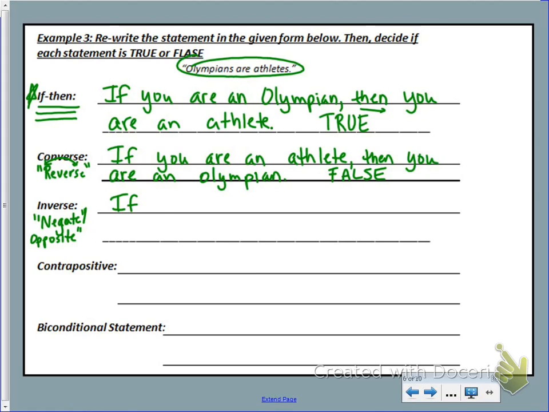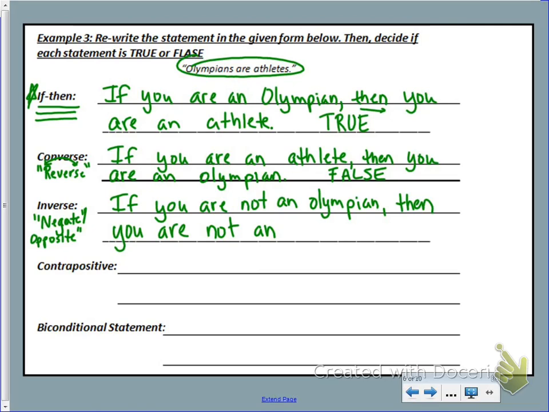So we're going to say, if you are not an Olympian, then you are not, keep in mind the not goes in both places, the if and the then, an athlete. Well, if you are not an Olympian, that doesn't mean I'm not an athlete. I might still be an athlete, but again, I may not be good enough to go on to be in the Olympics. So that is false.